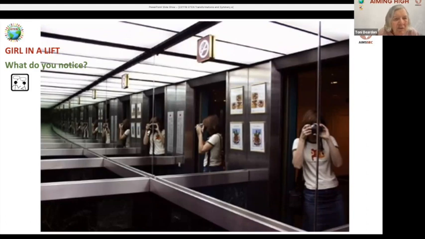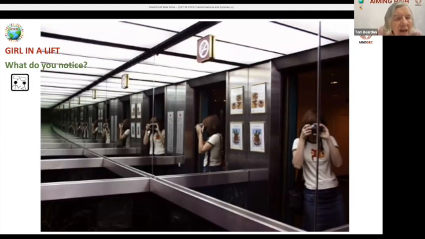But how many copies of her are there in that picture? And why are those copies? In answer to my why, there's a one-word answer there. Infinite, says Pamela. Yes, infinitely many.